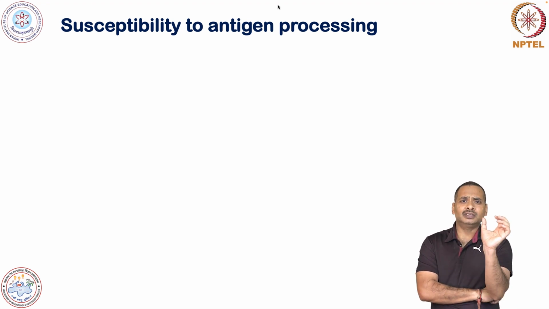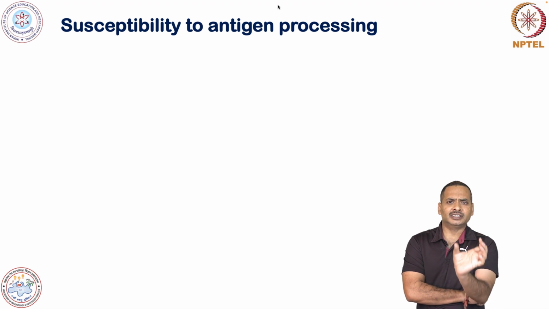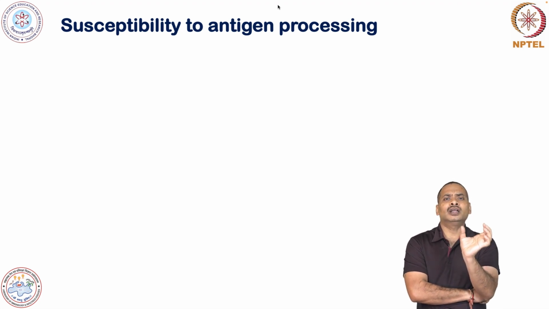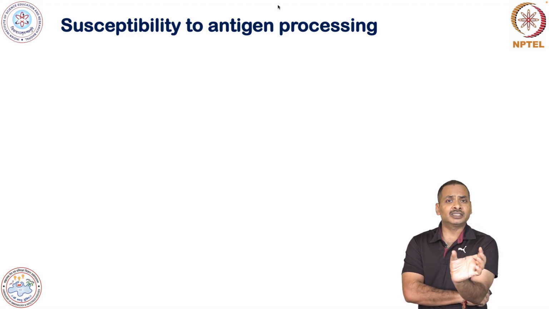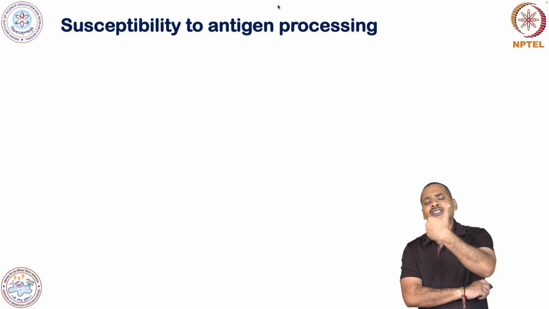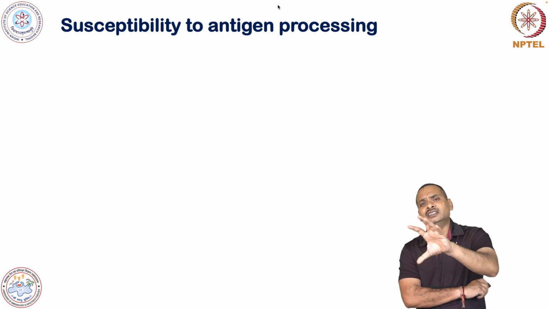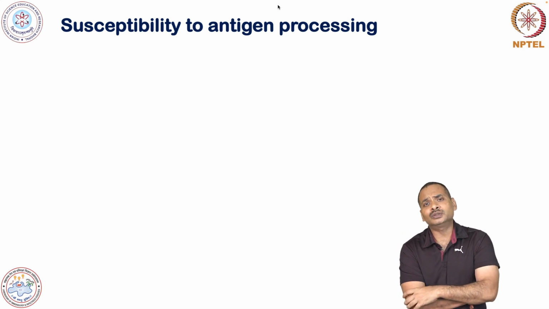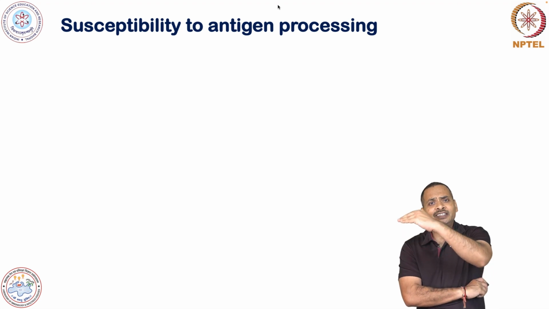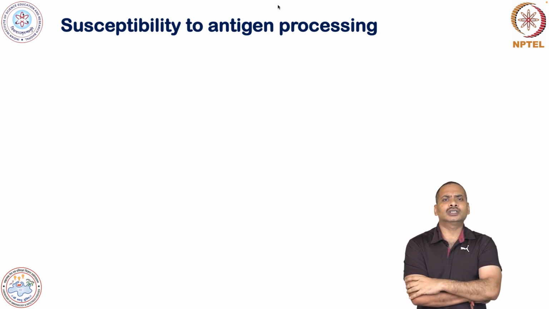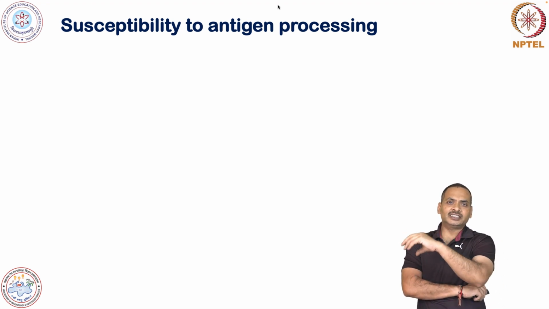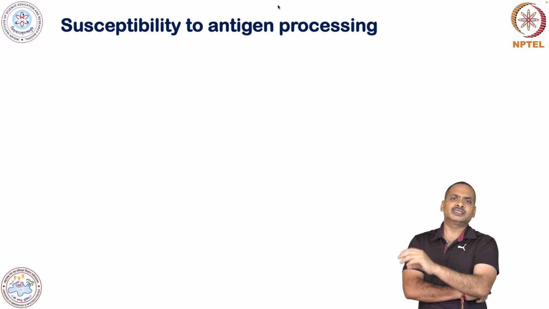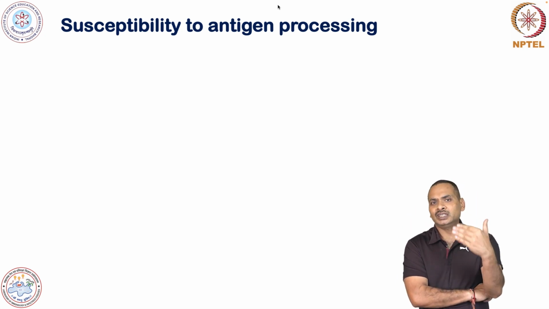If you remember, once this antigen is presented along with MHC class 2 molecule to the TH cells, these TH cells may differentiate to TH2, and the TH2 immune response is important for antibody production. So you can see that TH2 cell help is needed to make the antibodies.